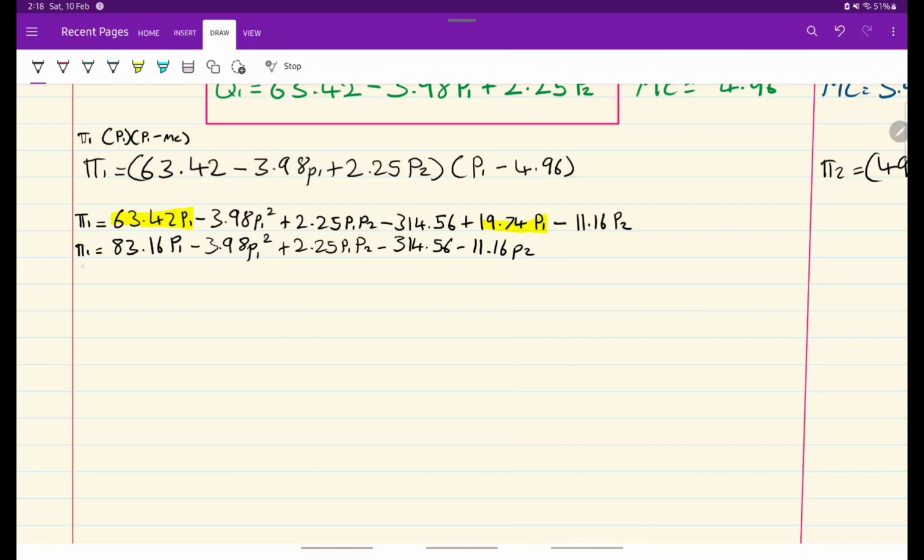Taking the partial derivative with respect to P1, you get 83.16 minus P1 plus 2.25 P2, setting that equal to 0 and solving.